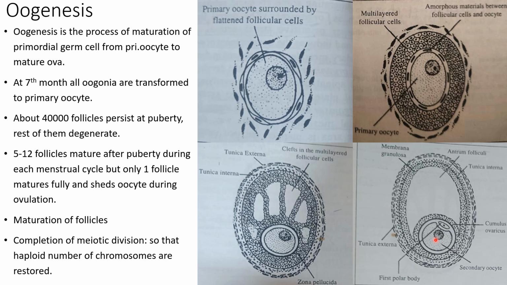Only if fertilization occurs, the second meiotic division is completed and the secondary oocyte divides to form two daughter cells. The larger daughter cell, which has haploid number of chromosomes and abundant cytoplasm, is known as mature ovum, and the second smaller daughter cell, which has haploid number of chromosomes but scanty cytoplasm, is known as the second polar body.